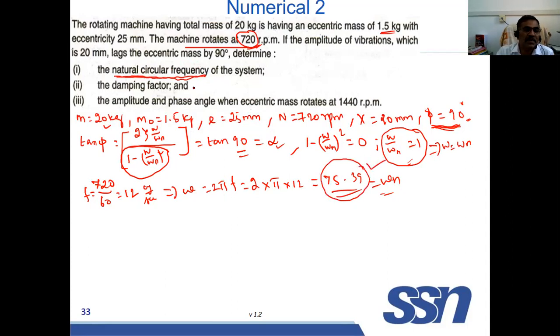Second one is the damping factor. You have to find the damping factor. What is the equation to find the damping factor? Here in this problem, x is given.